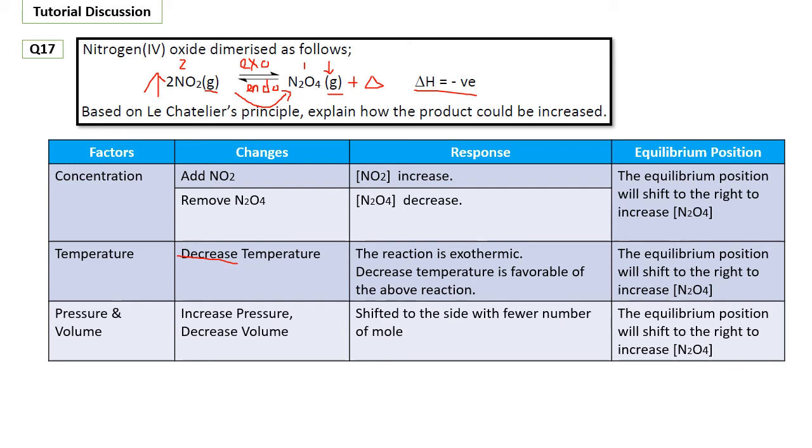Next, about pressure and volume, from a high number of moles shifted to a fewer number of moles. Means in this case, the system needs to increase pressure, decrease volume. Then the equilibrium position will shift to the side with fewer moles. Then the equilibrium position will shift to the right to increase N2O4.